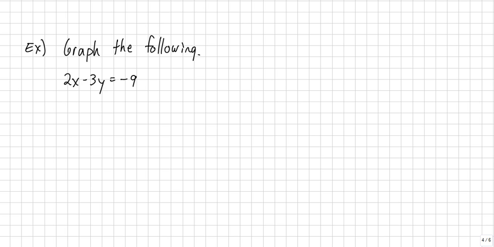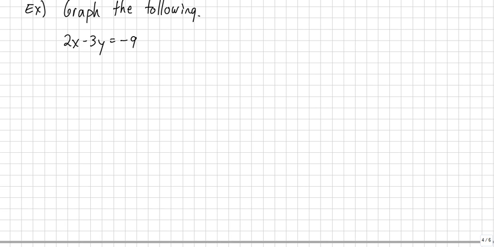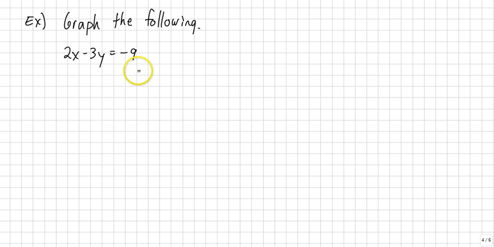So right now let's use slope-intercept form to graph a line. Right now it's in standard form. We have 2x minus 3y equals negative 9. The x and y are on the same side of the equation, so it's in standard form. But we want to graph it. When we graph, we like slope-intercept form, and that's the one where we solve for y.